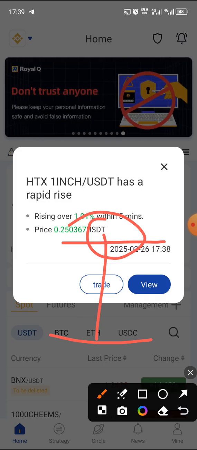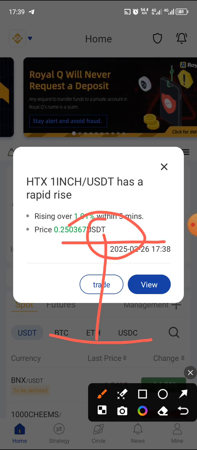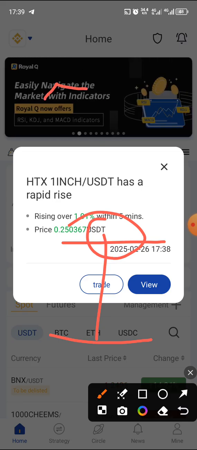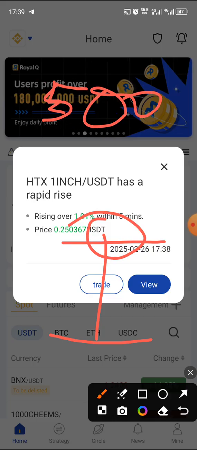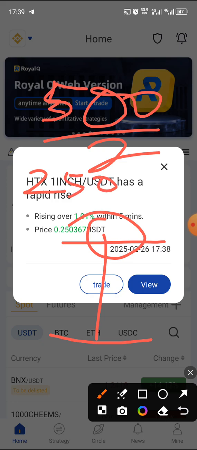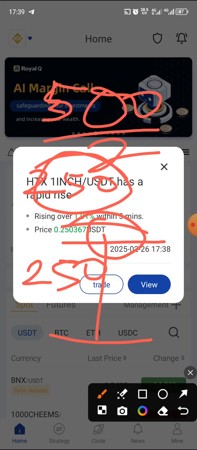Like, if you have enough capital, you can divide it into two. Maybe you have your $500. You can divide it by 2 and you get 250. You use it in a cycle mode, and 250 you use it in a one shot.